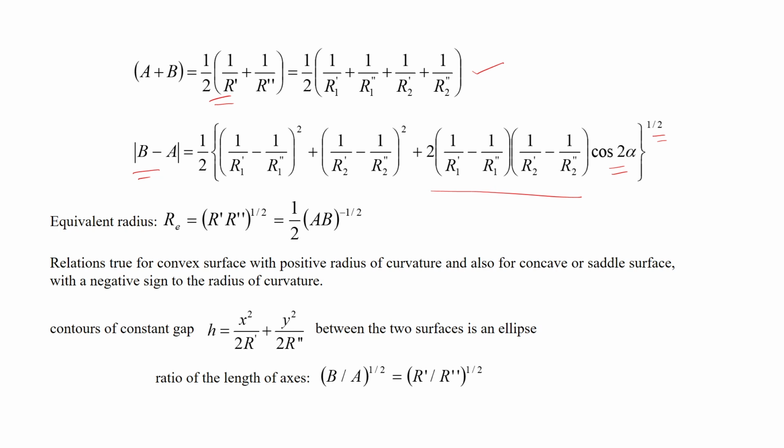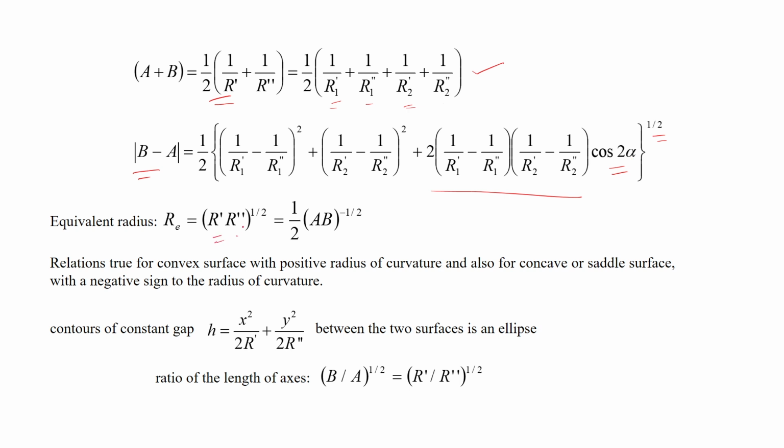Now, what do you do with this? If we know r1 dash, r1 double dash, r2 dash and r2 double dash, and the angle alpha between these two sets of coordinates, we can find out the relative radii of curvature r dash and r double dash.